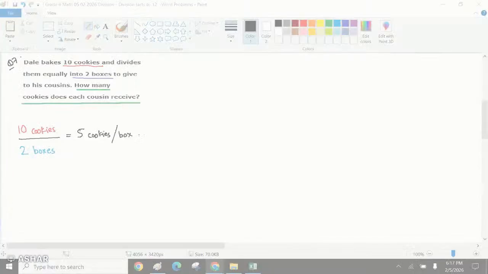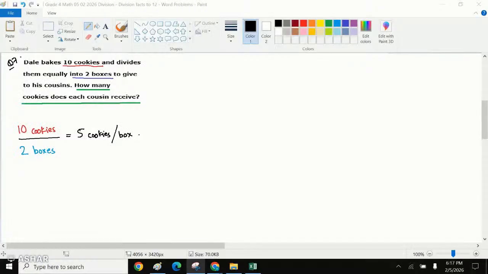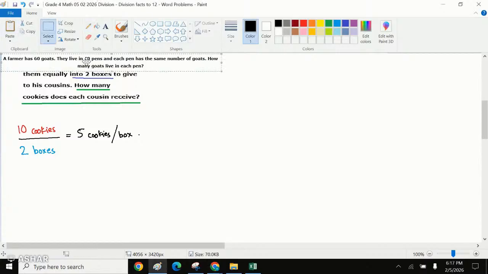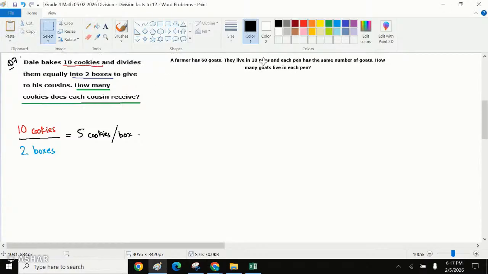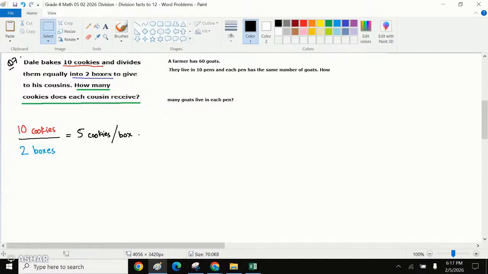For the next question, it says a farmer has 60 goats. And they live, okay, pen. Where they keep the goats, that place is known as a pen. And each pen has the same number of goats. How many goats live in each pen?